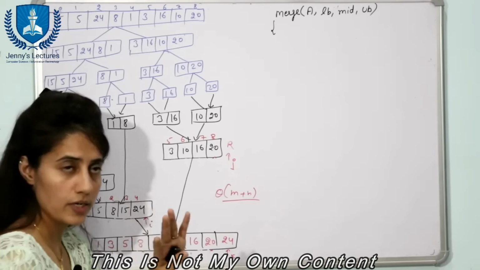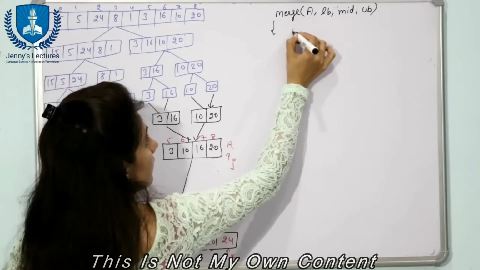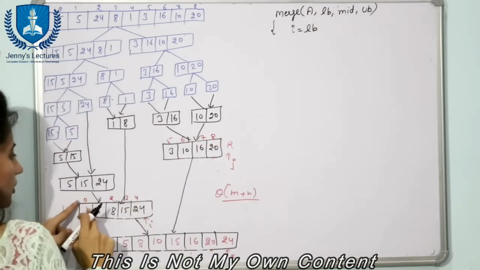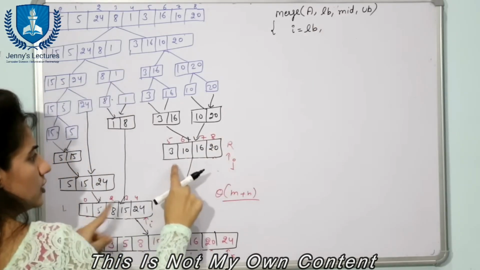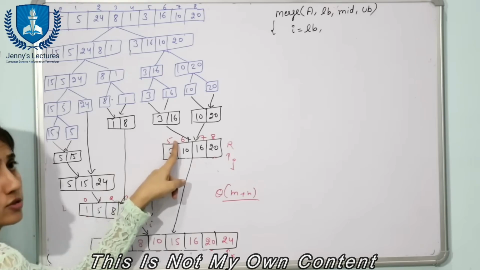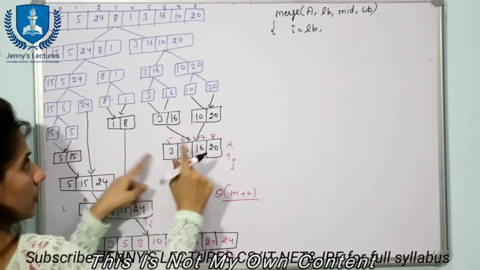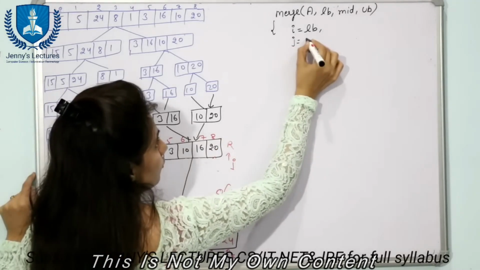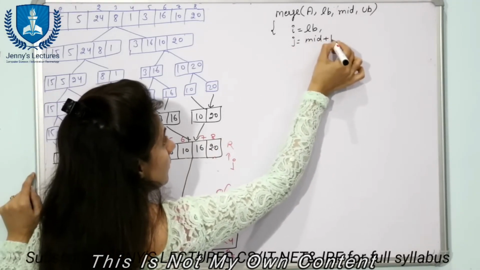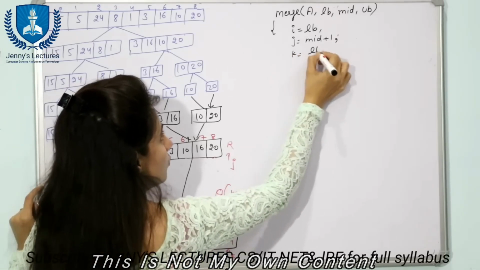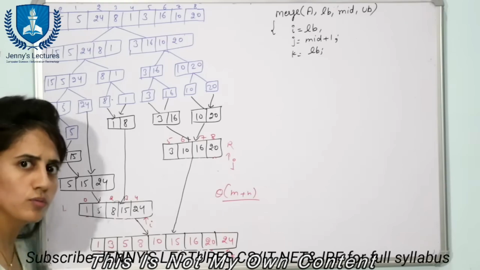I is equal to lower bound, and j would be from mid plus 1, because see here mid is 4, so j is from here, 5. And k is equal to lower bound only, from 0 only.